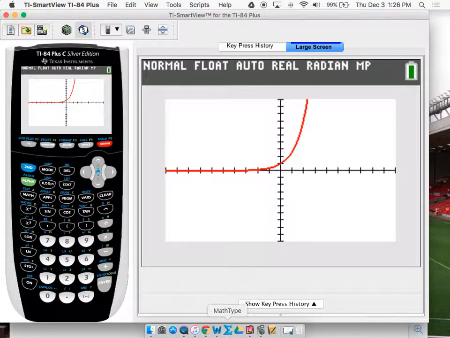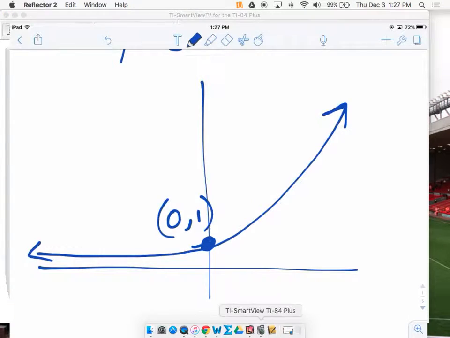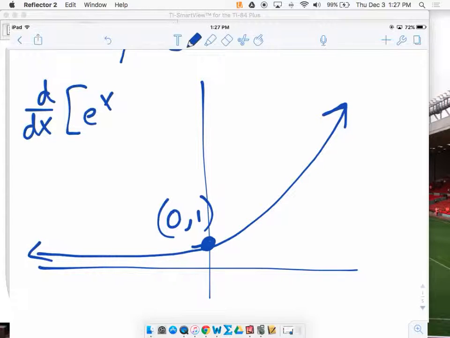It's the same, right? So e to the x, very nicely, is the easiest rule you'll ever know. The derivative of e to the x is just e to the x.